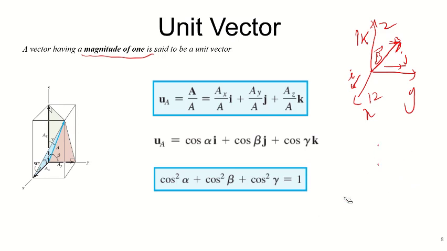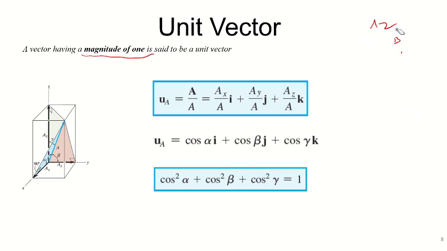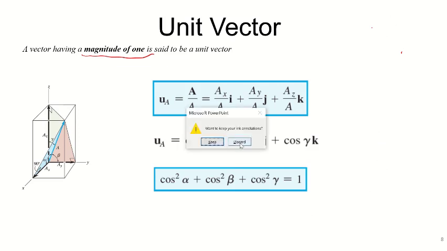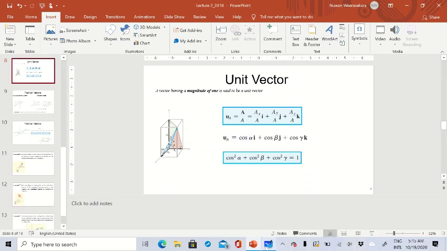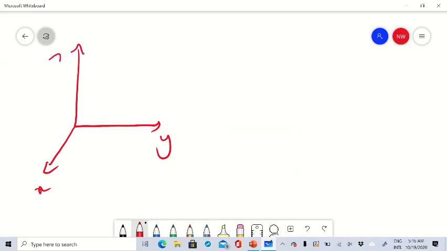So as according to our definition, unit vector is the vector which has a magnitude of 1. So this is x and y and z. So we have vector a.